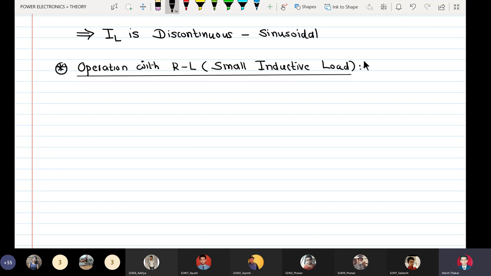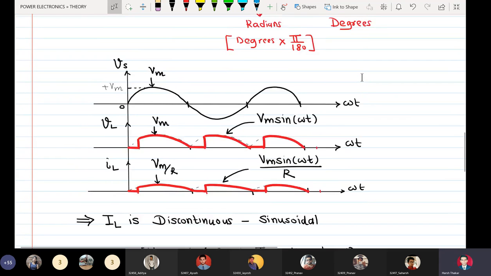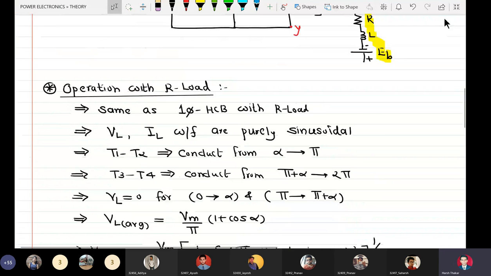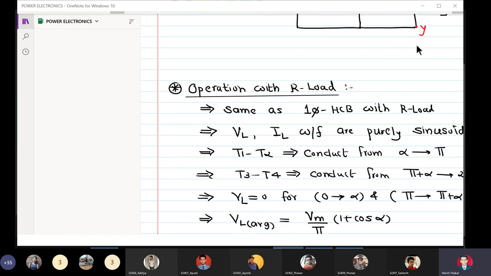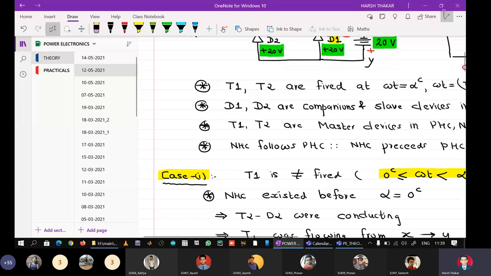Now what happens when the load is inductive? That means the circuit now transforms from being fully controlled from half controlled. Okay, so we can make a point here in a semi converter.